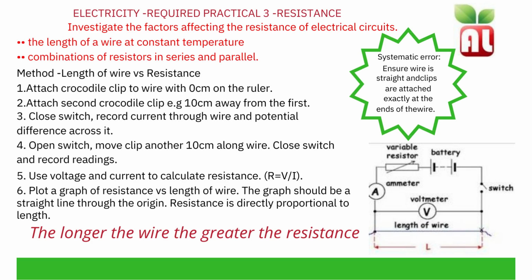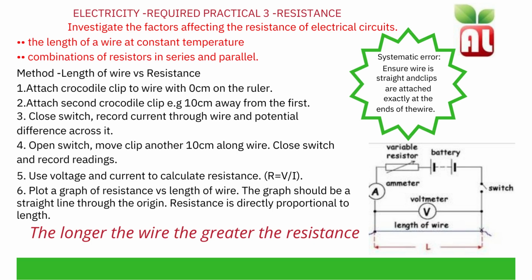Plot a graph of resistance versus length of wire. The graph should be a straight line through the origin, concluding that resistance is directly proportional to the length of wire. The longer the wire, the greater the resistance. Some systematic errors occur.